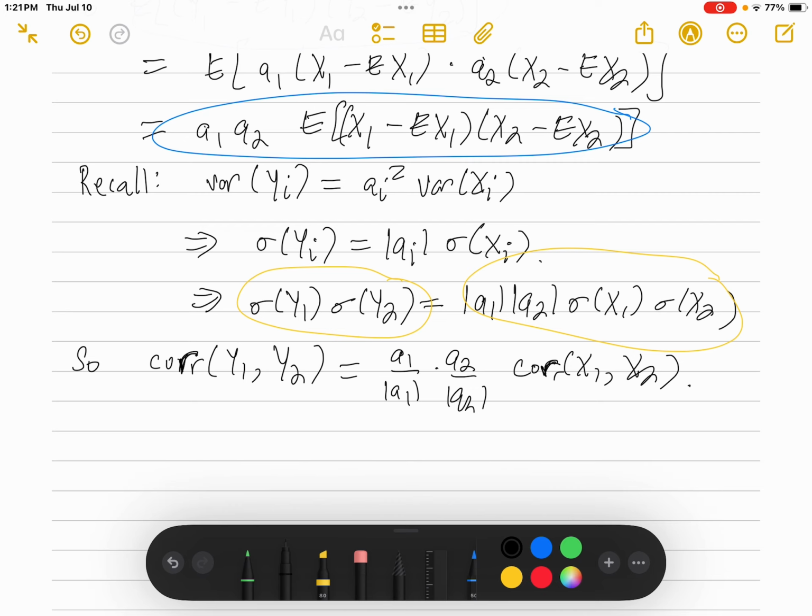If you take height and weight, it doesn't matter if you use pounds or kilograms. If you scale x and y to get different units of height and weight, then the correlation of those two new random variables will still be the same as the correlation of the random variables you had when you measured with different units.